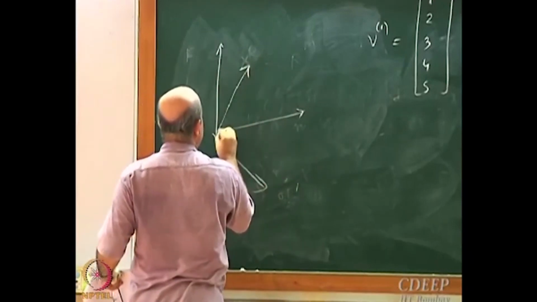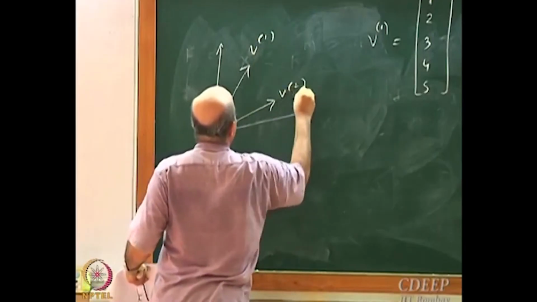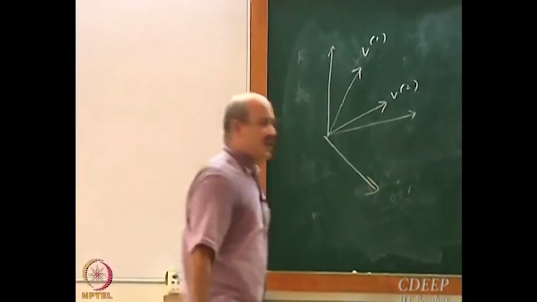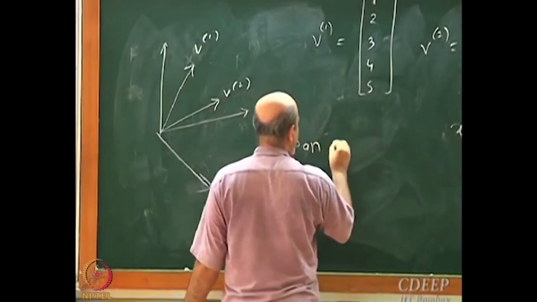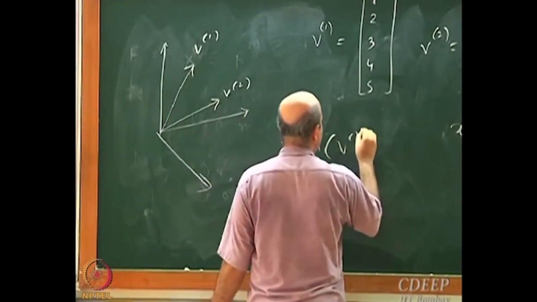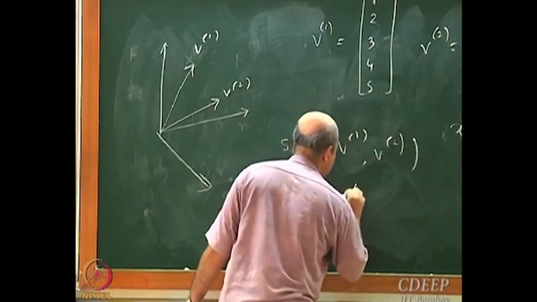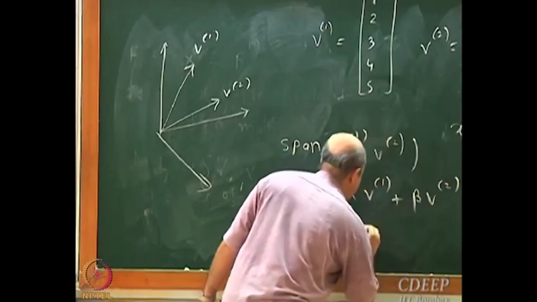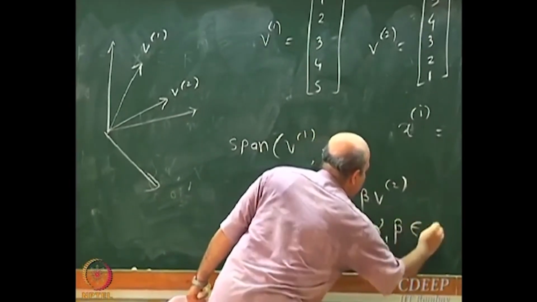If I give you any two vectors, let's call them v1 and v2, in 2 dimensions, what is this set? The span of v1, v2 corresponds to alpha v1 plus beta v2 for any alpha, beta that belong to F.